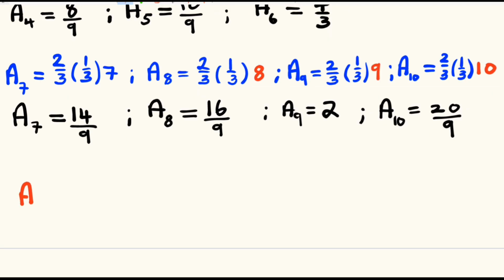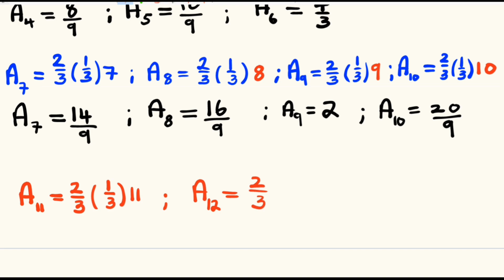And we have to determine this up until the 12th area. So area number 11, 2 divided by 3 multiplied by 1 over 3 multiplied by 11. And area number 12, will be equals to 2 over 3 multiplied by 1 over 3 multiplied by 12.